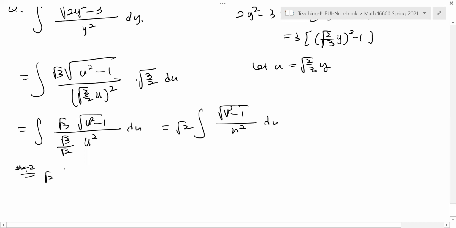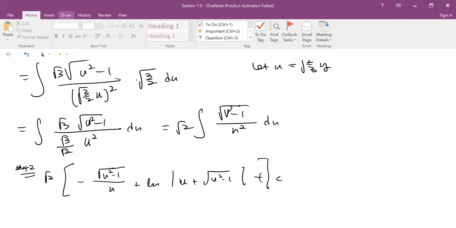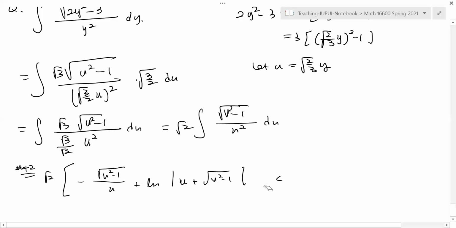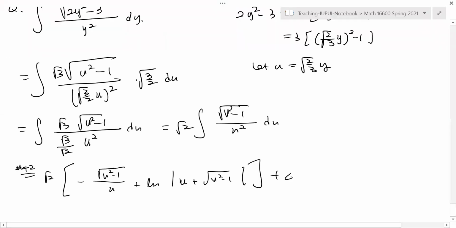So get formula 42. A is always 1, so you can write down the answer here: negative square root of u squared minus 1 over u plus the natural log of the absolute value of u, plus a constant.